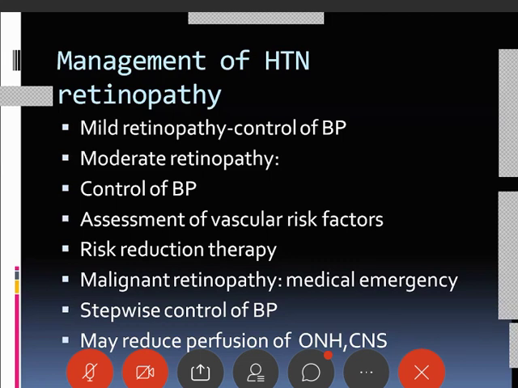There should be stepwise control of the blood pressure, because if we suddenly reduce the blood pressure, it may reduce the perfusion of the optic nerve head and also the central nervous system, leading to stroke. That is why there should be stepwise control of blood pressure in malignant hypertension.